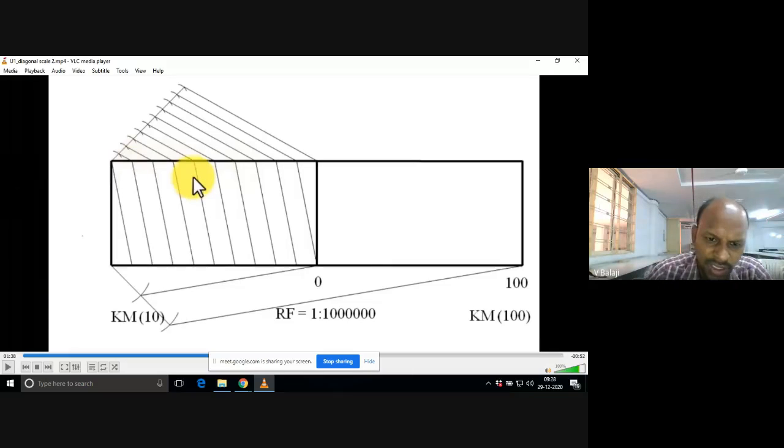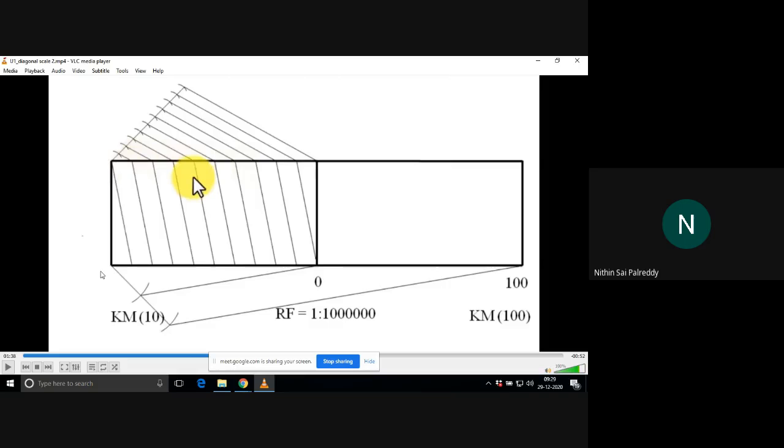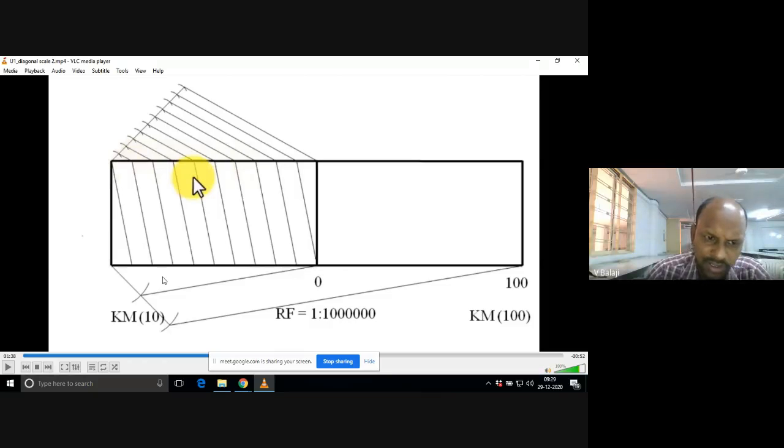So the main division is 100. The next subdivision is 10. Now again this subdivision of 10 kilometer we need to divide further into 10 equal parts. Then each part will be how much? 1 kilometer. So easily you can understand.